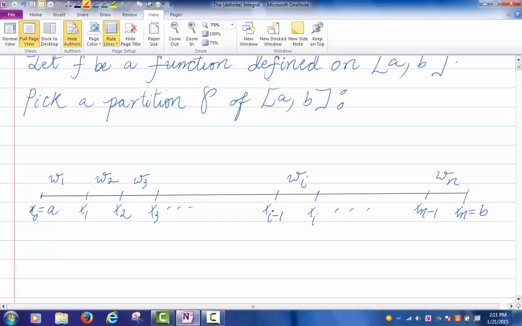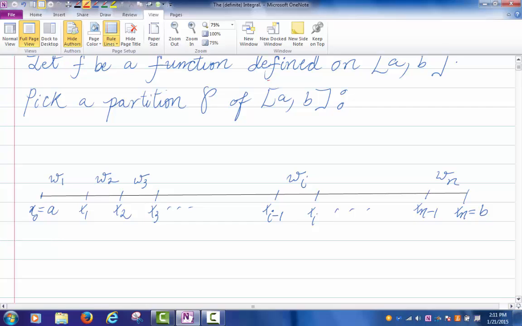For example, if n is 100, how many partition points do I have? 101, because x1 up to x100 will be 100, but x0 makes it 101. Okay? So if I pick any n, then I have n plus 1 partition points.